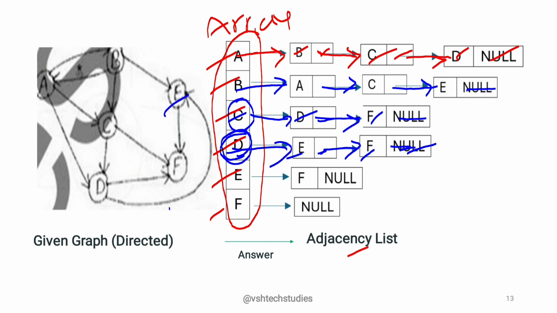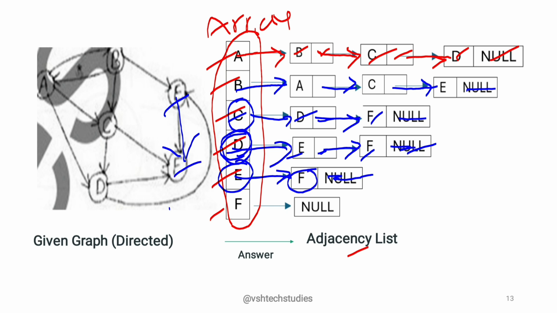Then for node E, from E to F only one connection is there. So in the memory location which corresponds to vertex E, the address of node F is stored. In the memory location with node F, null is stored.